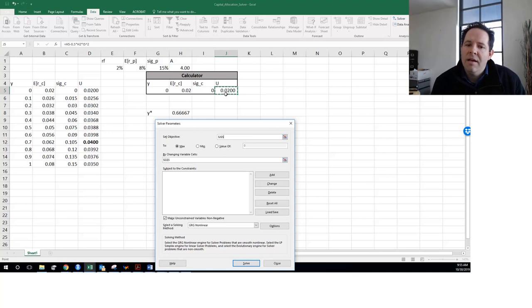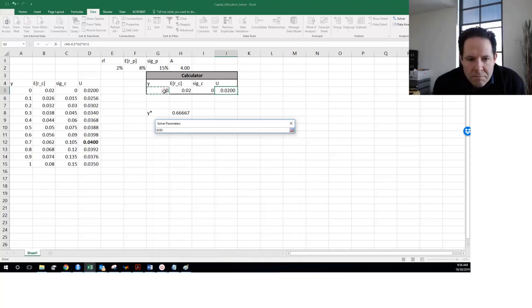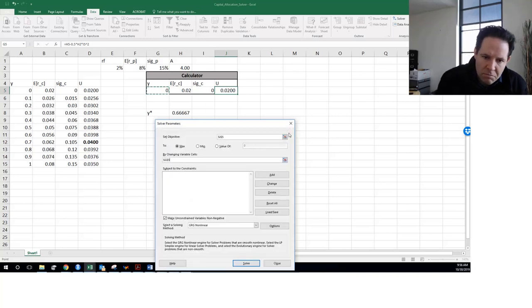I'd like Excel to go and try a bunch of values of Y, that's G5, such that utility is as high as possible. And that's what it's going to do. It's going to try a bunch of different values, and as it changes this cell, it's going to change this utility.